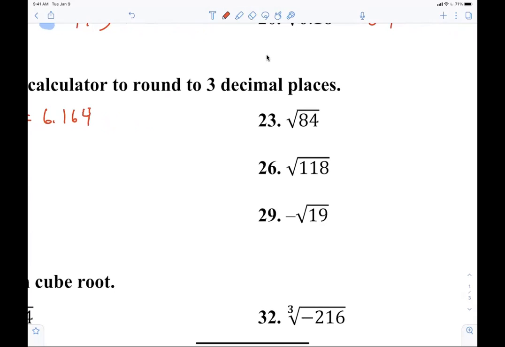So you hit second, square, and then type in 84. 9.165. Everybody okay with 9.165? Yep. All right, here we go.